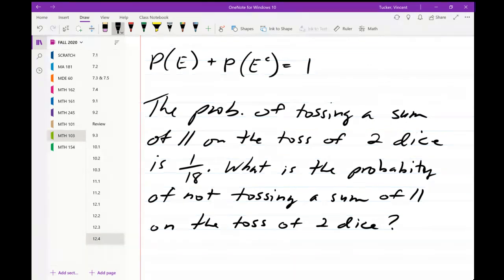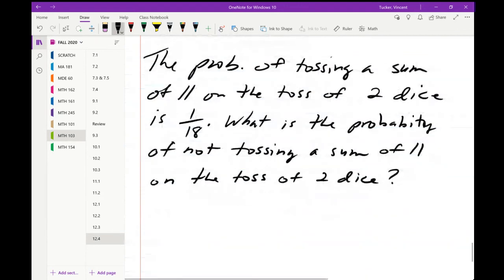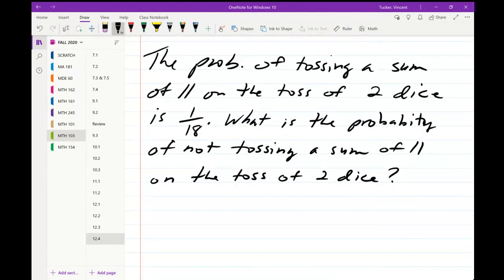All right, so the probability of tossing a sum of 11 on the toss of 2 dice is 1 over 18, or 1 out of 18. What is the probability of not tossing a sum of 11 on the toss of 2 dice? All right, so we want to know what's the probability of not tossing.